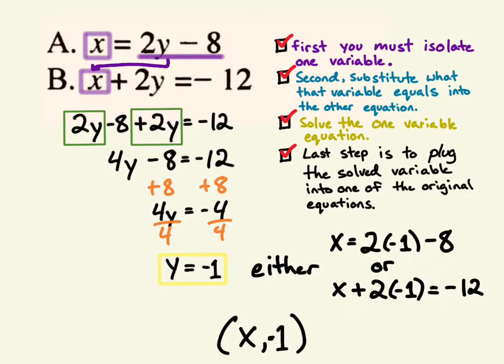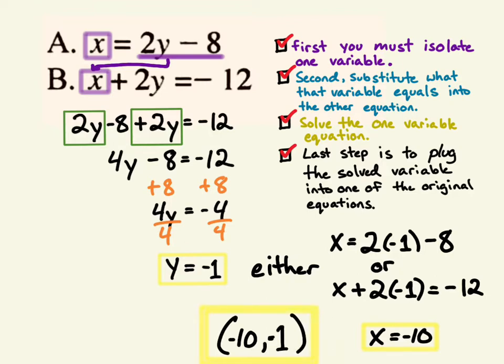In both cases, I'll end up with the same answer. You can choose the easier of the two. And in this case, I would get x equals negative 10. And that becomes my coordinate at which both of these lines would meet, negative 10 comma negative 1.